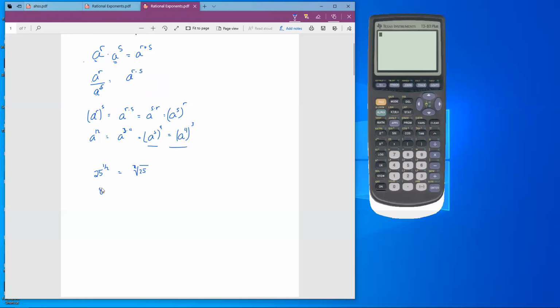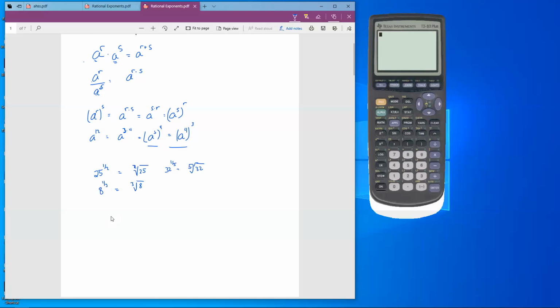If we have an 8 to the 1/3, that's the cube root of 8. If we have 32 to the 1/5, that's equal to the 5th root of 32. So that's what this thing in the bottom means.